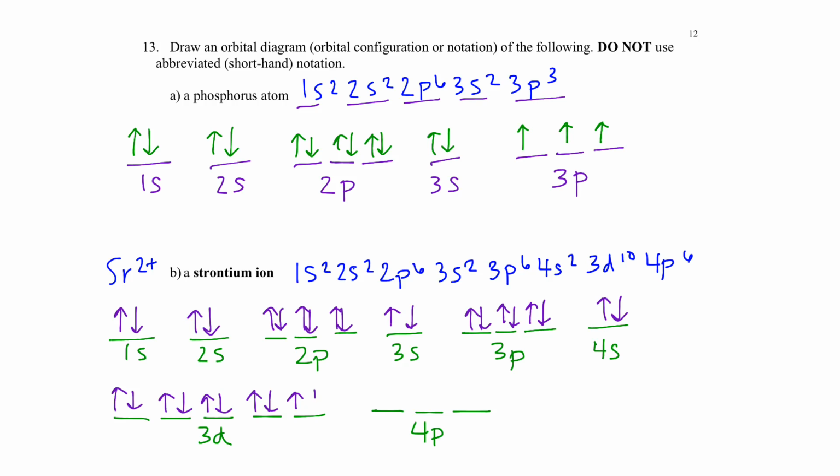Pauli exclusion principle is the reason I'm drawing one up, one down. Electrons have opposite spin. And then Hund's rule is why I'm filling them one at a time before they pair. The last one was 4p6. All of these will be filled, but they would have filled like this, all up and then all down. Okay, so there's our orbital diagrams in completion.